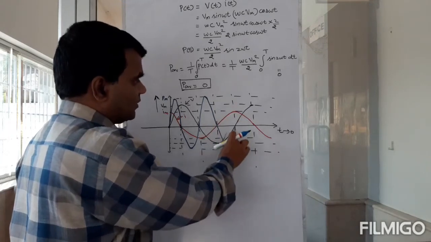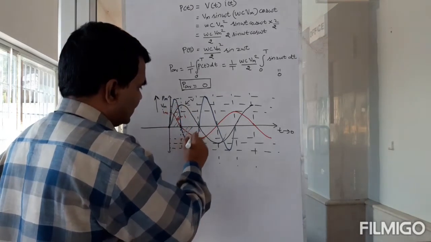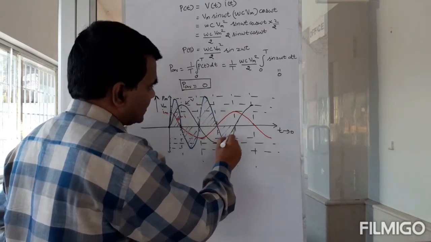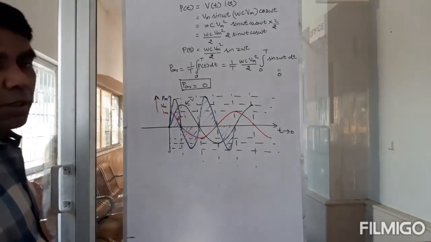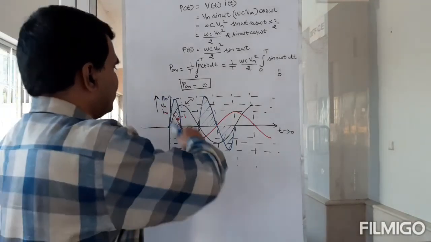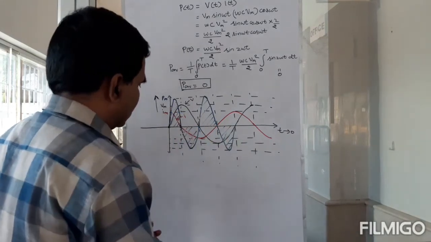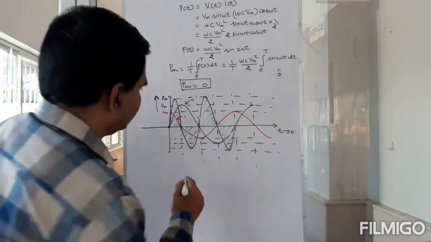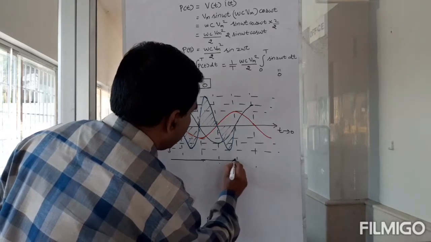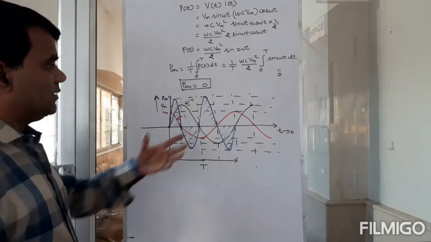And here, again, this is positive and this is negative. So, this becomes 0. So, you see, this area will be balanced by this area, and this area will be balanced by this area. So, the net power consumed in one cycle, this is one cycle, this is T, is going to be 0.